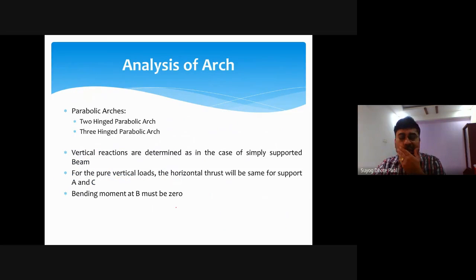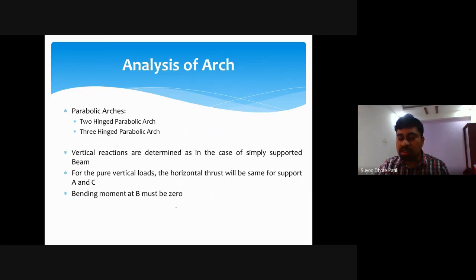Now another type is the parabolic arch, that is the two-hinge parabolic arch and the three-hinge parabolic arch. In case of determinacy and indeterminacy, there are some parameters regarding the two-hinge and three-hinge parabolic arch.